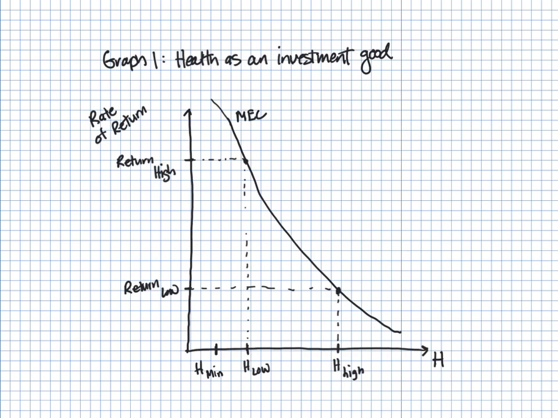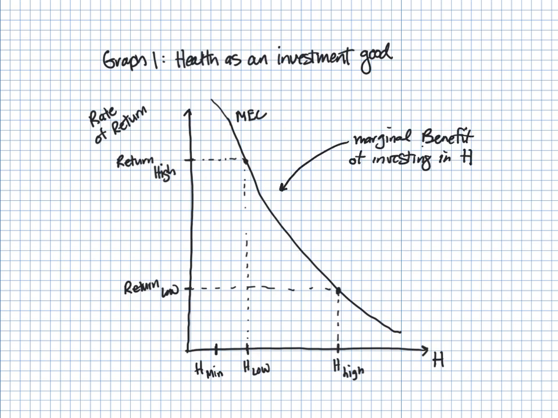In this setup, the marginal benefit is given by this MEC curve. So really we can think of this curve as a marginal benefit curve, in particular, the marginal benefit of investing in health capital.